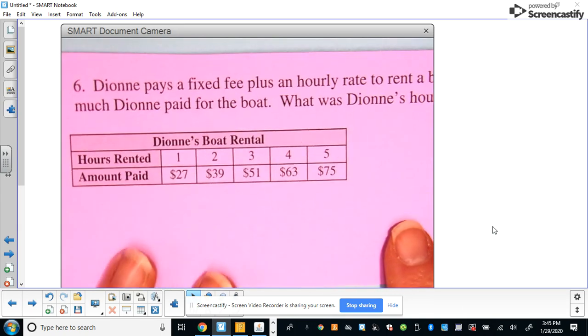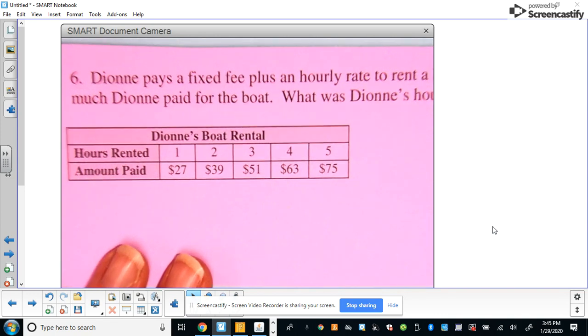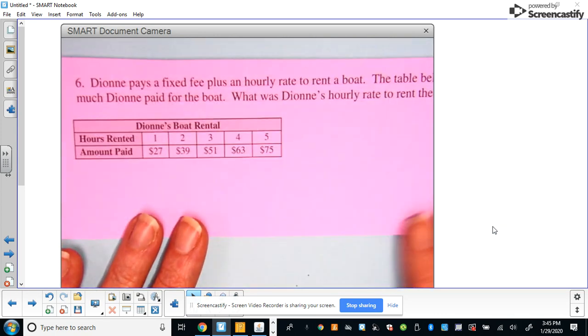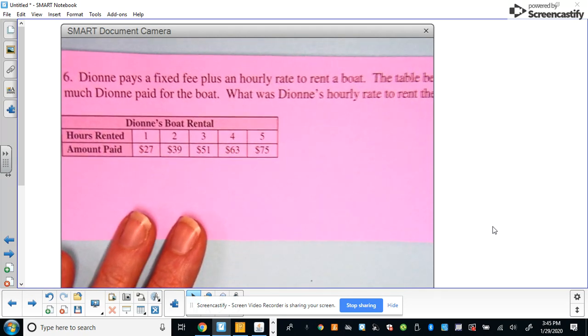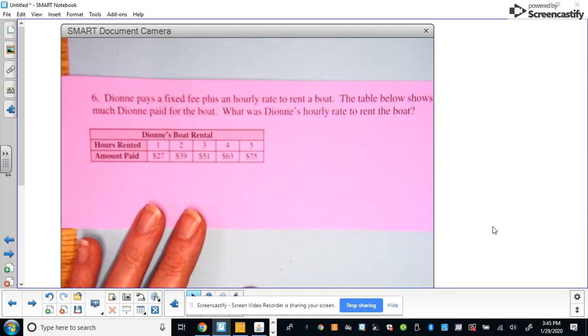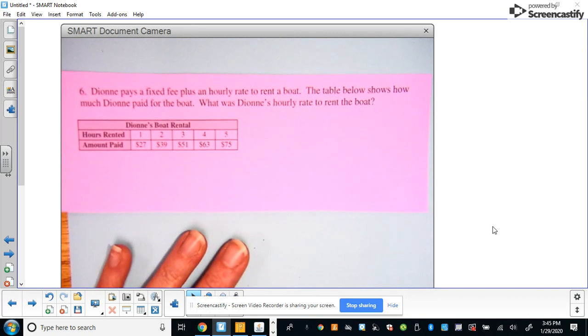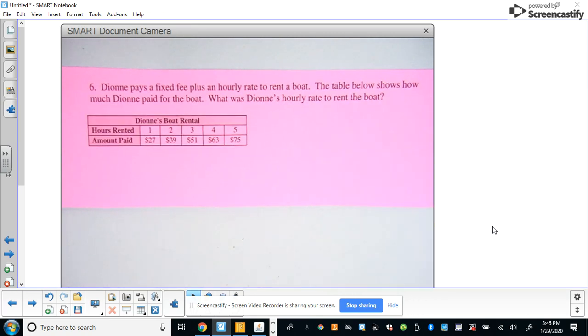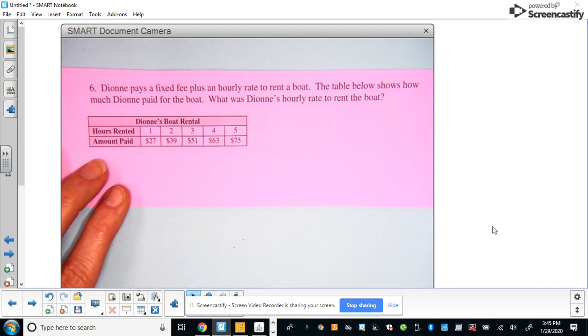Now here's one about boat rentals, and we have a fee in a table. We're trying to find the hourly rate she's going to pay, the fixed hourly rate in this table. That's the per hour rate, so that's a slope.